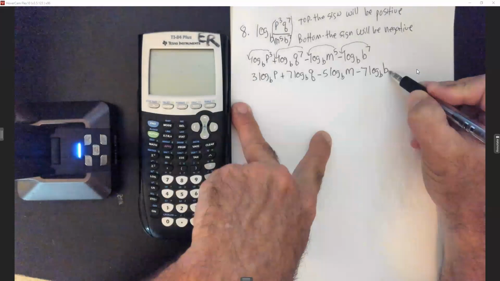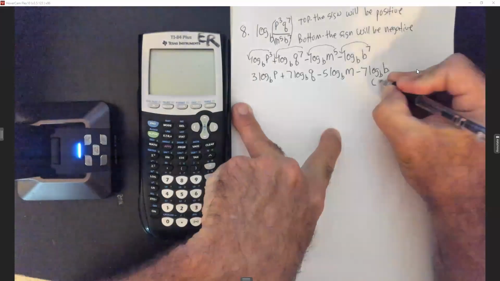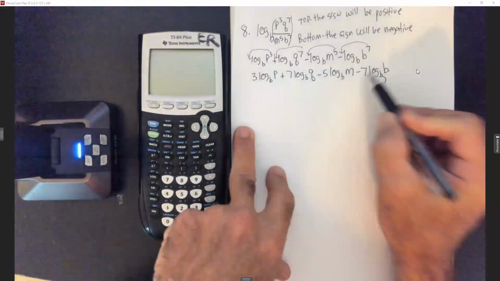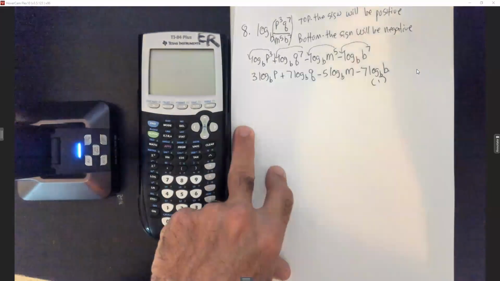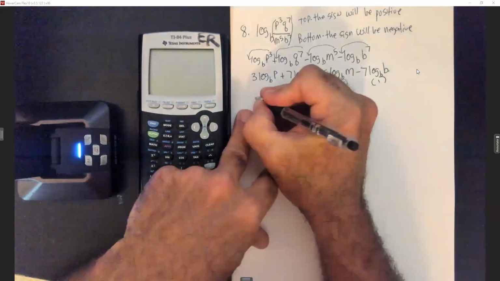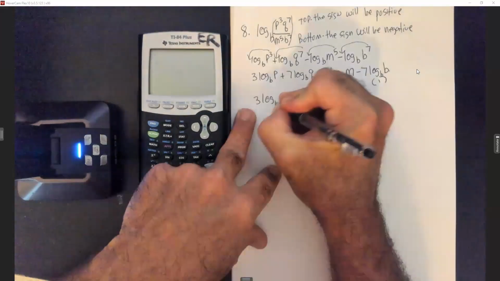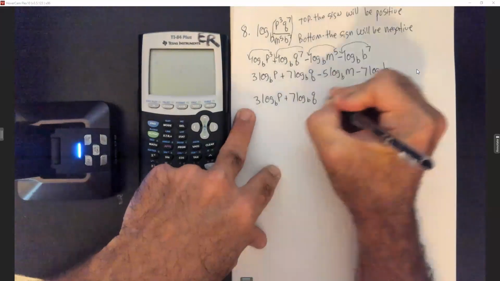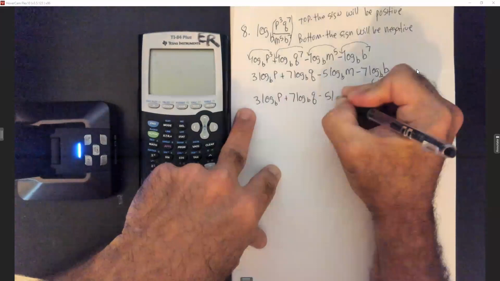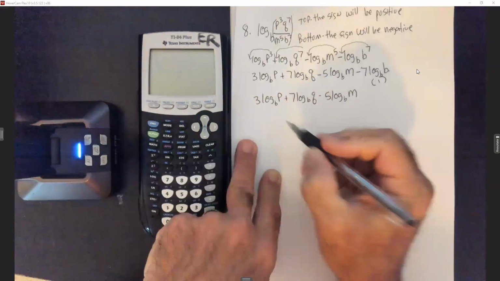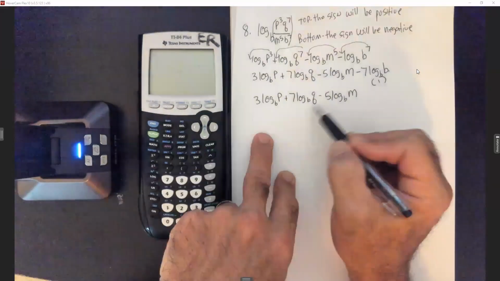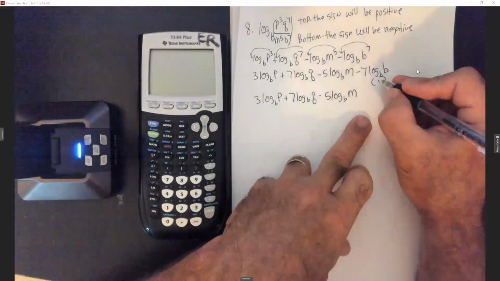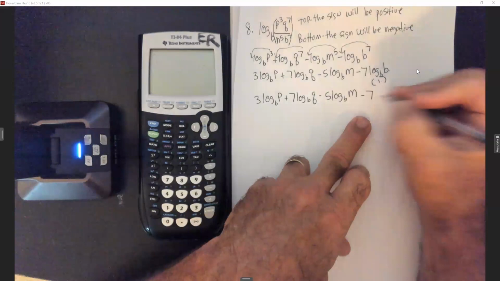Well, this log base b of b part is going to equal 1. And 1 times negative 7 is just going to make that a negative 7. So I got to rewrite this now. So they all stayed the same because nothing matched on them. But this one, since the log b of b equals 1, 1 times -7 made that a -7, and the log is gone.